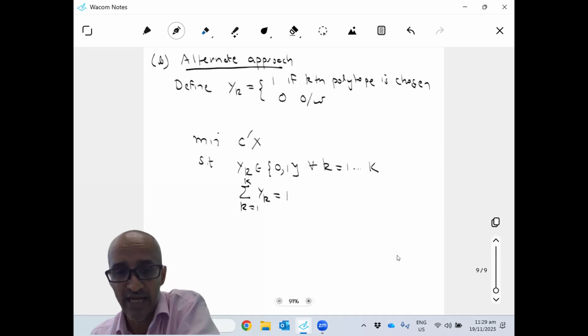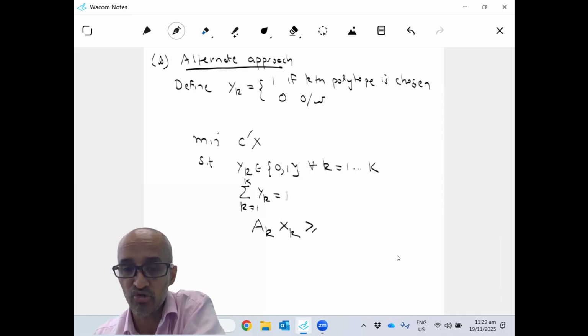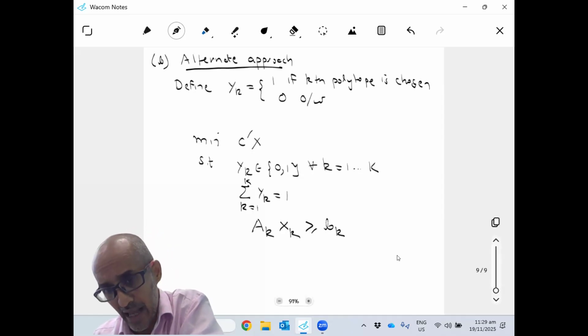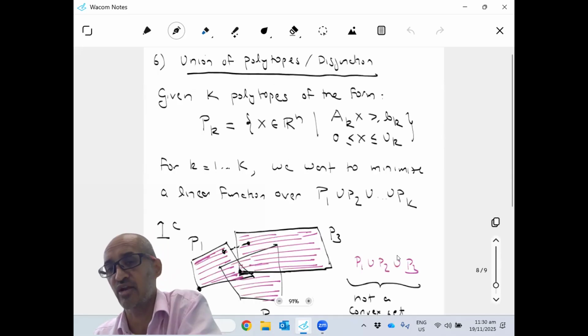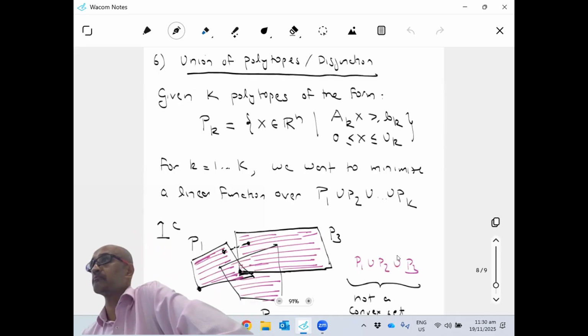The idea is I'm going to define a new variable x_k for every polytope. And I will do what is called the homogenization trick. Remember, my constraints are A_k x greater than or equal to b_k.